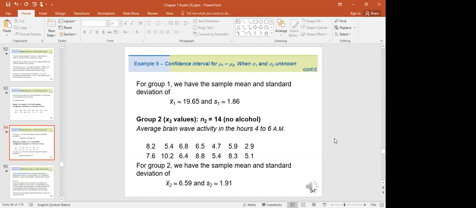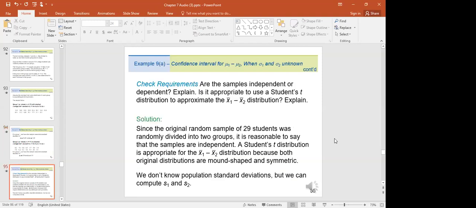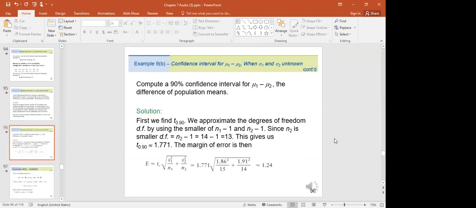Depending on the calculator, most calculators have L1 and L2 as the lists you are using. Otherwise, you will change it here. Like list 1 is L1, list 2 is L2. Confirm that it is right. And then we look at the confidence level. Here we want a 90% confidence level.